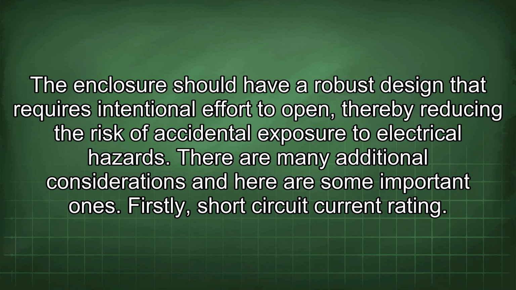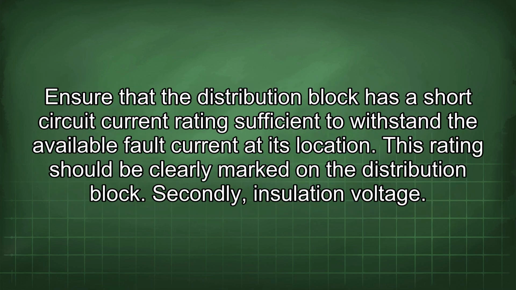There are many additional considerations, and here are some important ones. Firstly, short-circuit current rating. Ensure that the distribution block has a short-circuit current rating sufficient to withstand the available fault current at its location. This rating should be clearly marked on the distribution block. Secondly, insulation voltage.